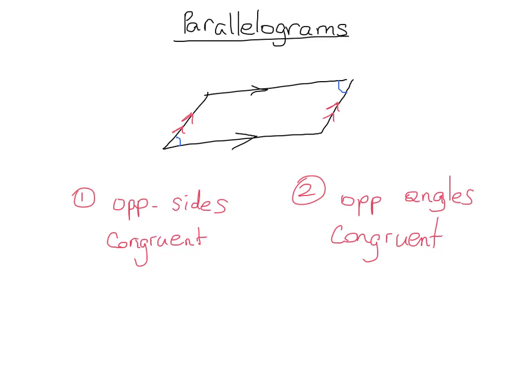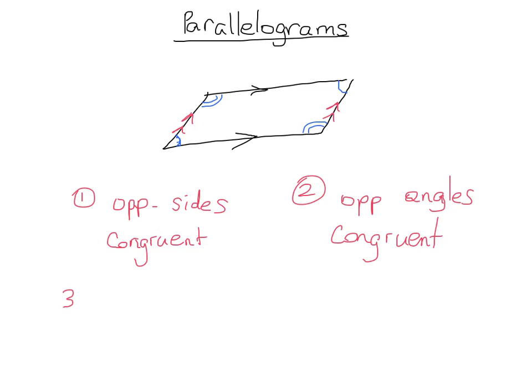They're opposite because they're not connected at all. They're completely on the opposite sides of the parallelogram. So those will always be equal in measurement. And same here, that will be equal in measurement to that. So that is also a very important property of a parallelogram.